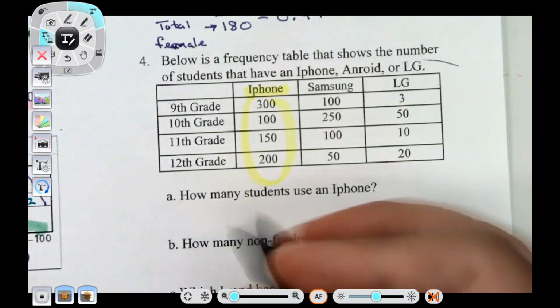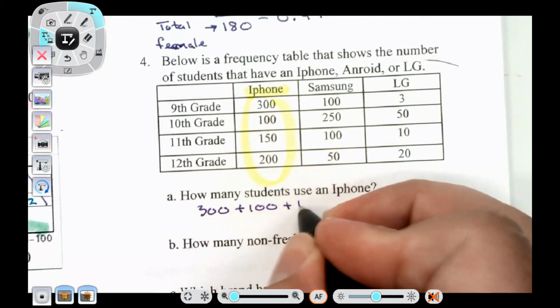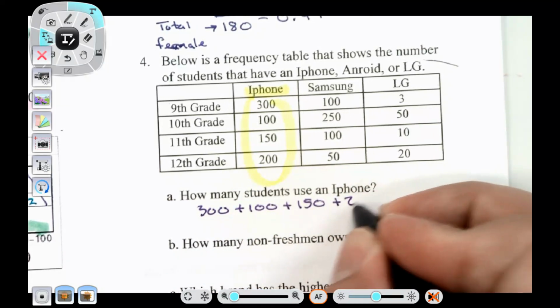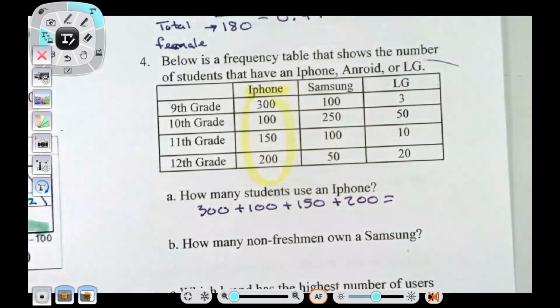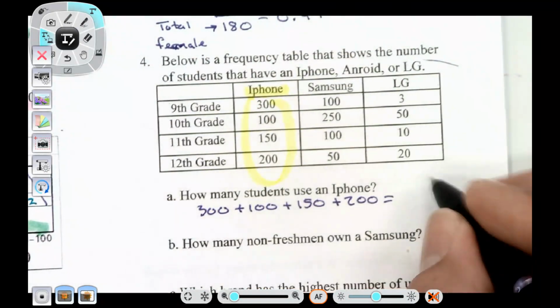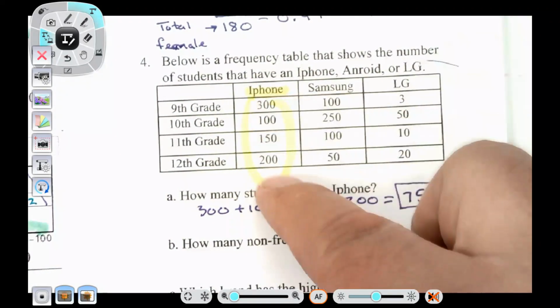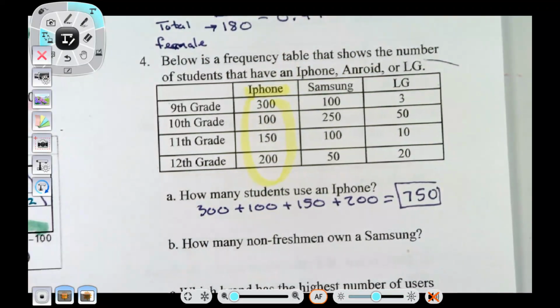Well, then all you have to do is 300 plus 100 plus 150 plus 200. Get that calculator going. Type it in very carefully. So how many people like an iPhone from the people surveyed? 750. That's how many people prefer an iPhone.